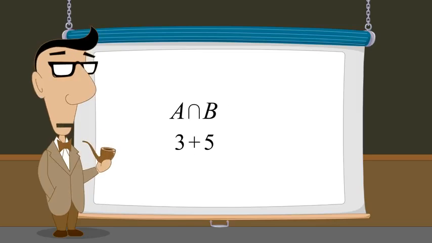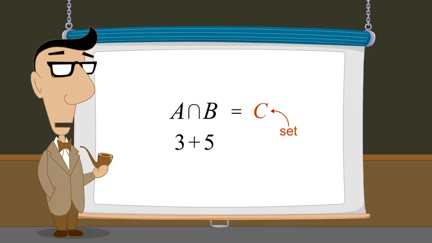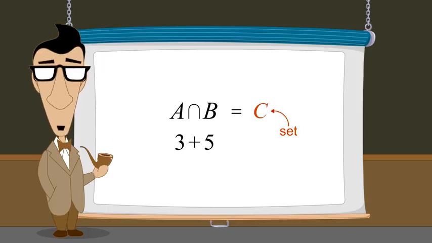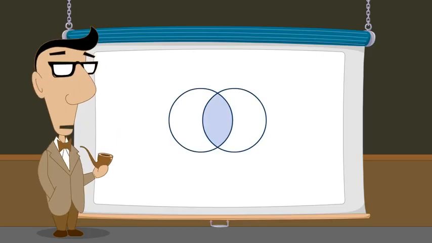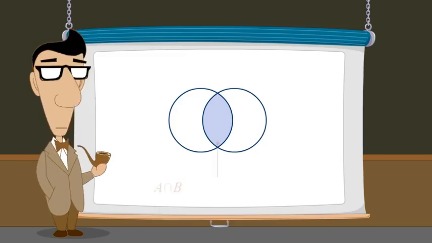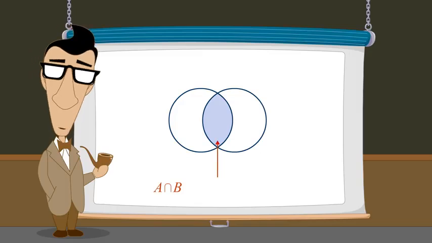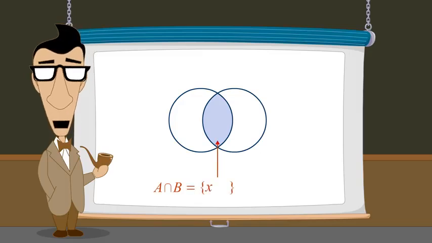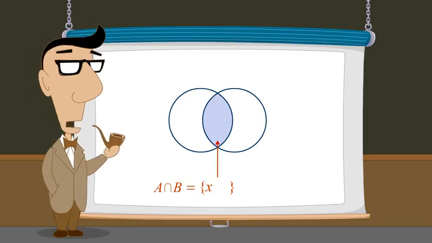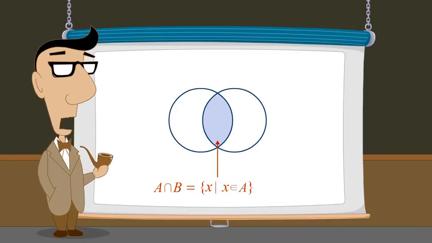The result of this set operation is another set, just as the result of this numerical operation is another number. Using set builder notation, we can write the definition of an intersection of two sets formally as: the intersection of sets A and B is the set of all elements X such that X is a member of A and X is a member of B.